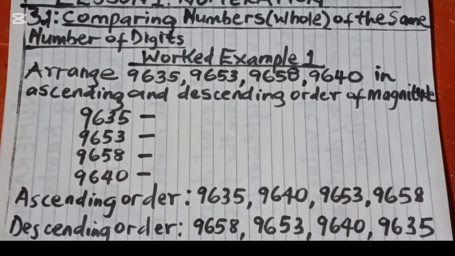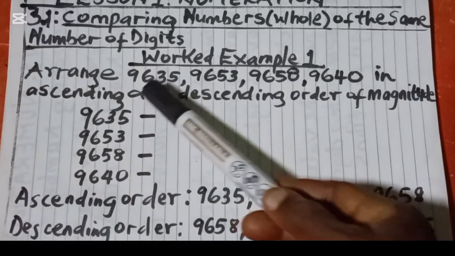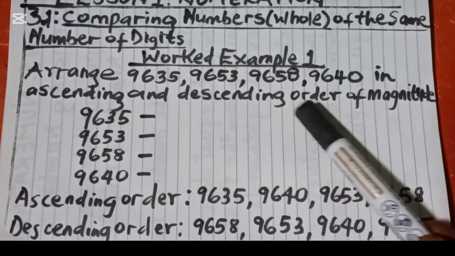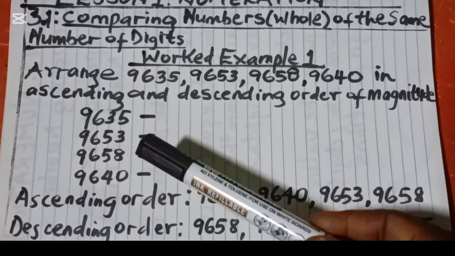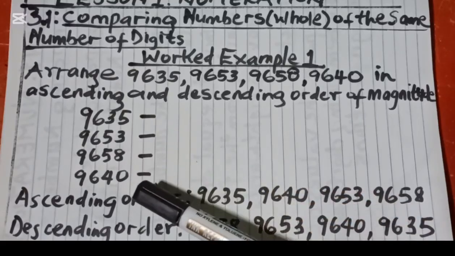Worked example 1, in comparing whole numbers of the same number of digits. We are expected to arrange these numbers here in ascending and descending order of magnitude. On the first step, we write the numbers line by line.